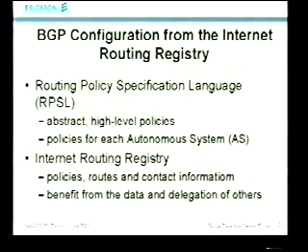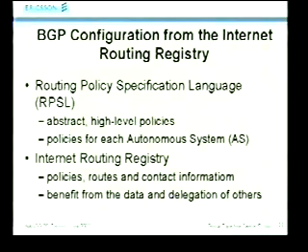Another good reason is this: you can do BGP configuration from the Internet Routing Registry. This routing policy specification language allows abstraction of high-level policies and policies for each autonomous system. Now what we're saying is this is something that is human readable but is also machine readable.